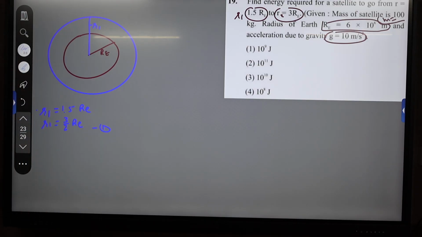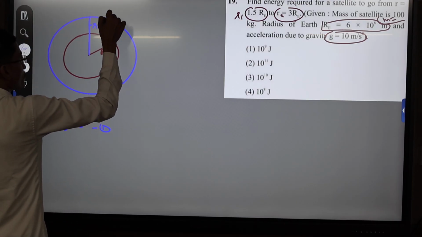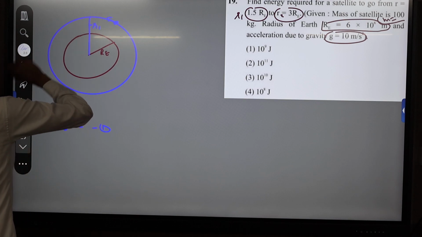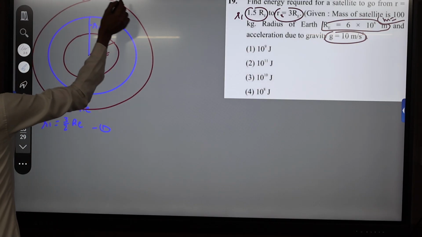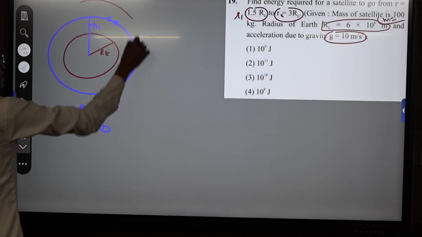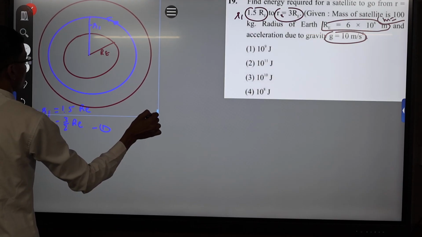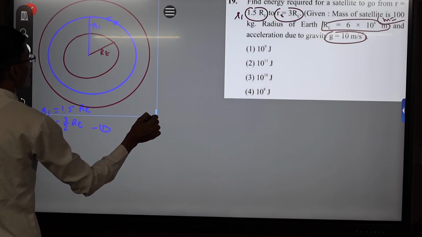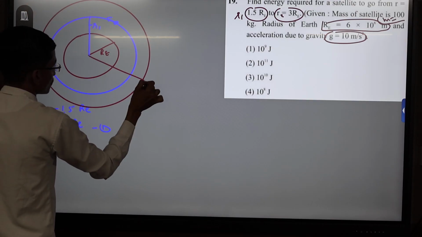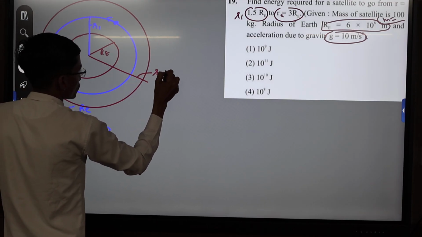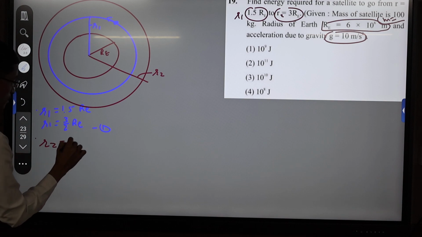If there are satellites revolving around Earth at this distance and we want to displace the satellite to another radius, let us say this is R2 and the value of R2 is 3RE.